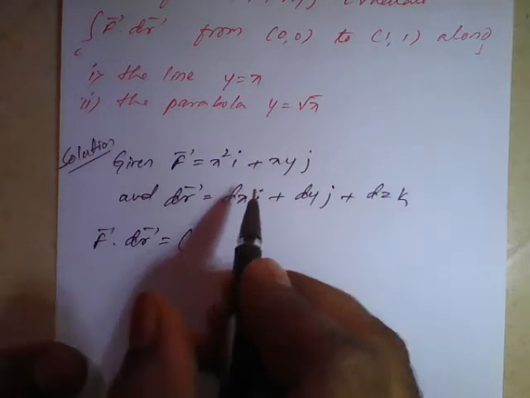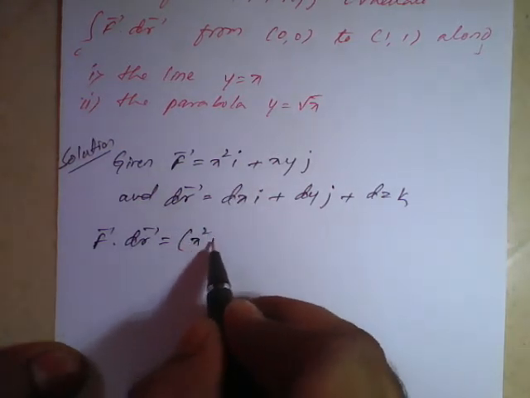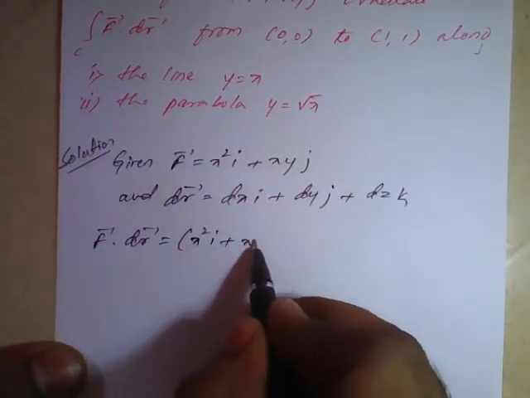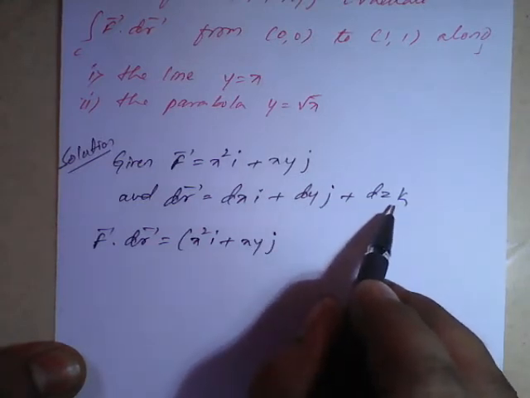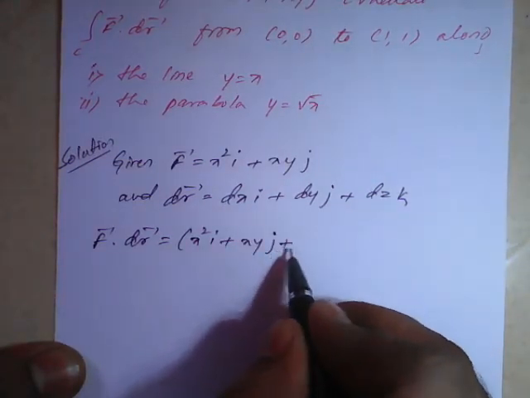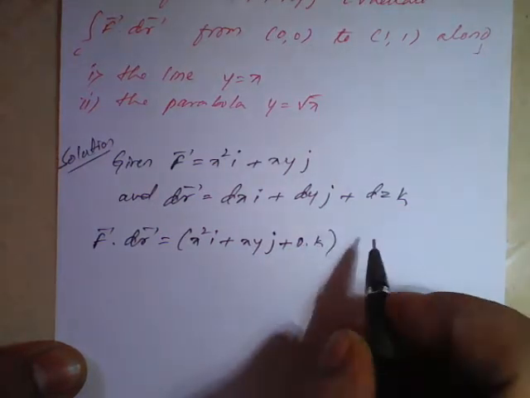We collected that: x square i plus xy j, and there is no k component, so I will write plus 0 into k just for the calculation.